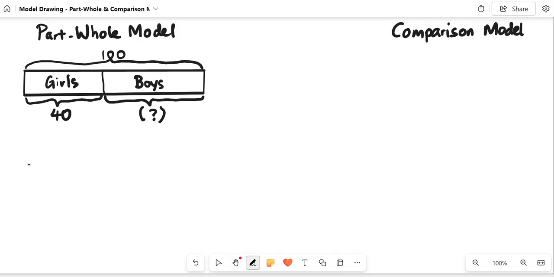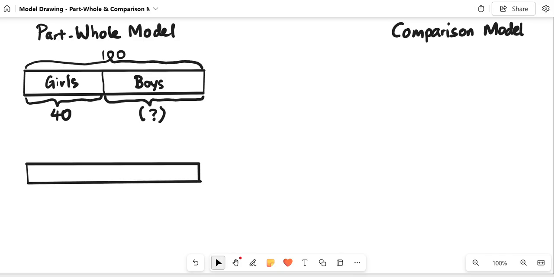Another part whole model would be we are given the two parts. So for example, there are 45 girls in the hall. Okay, you can also put the 45 on the outside and the word girls inside the model.